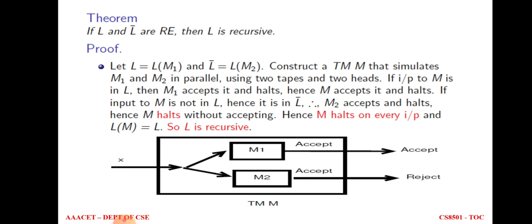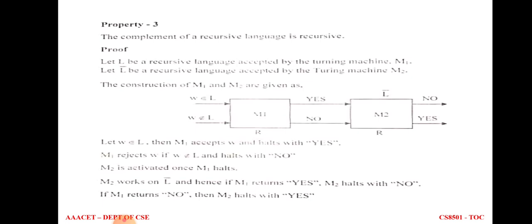So M halts on every input. So the language L is recursive, which means L is equal to L of M, where M is a Turing machine which accepts the language L. So this is the concept: if a language L and its complement L dash are recursively enumerable, then the given language is recursive.